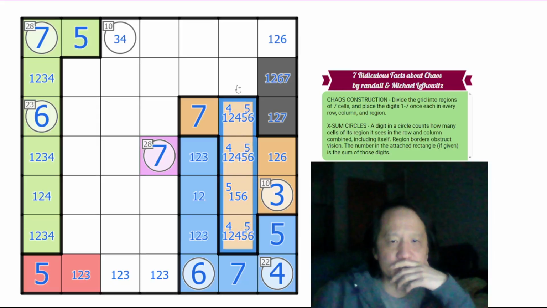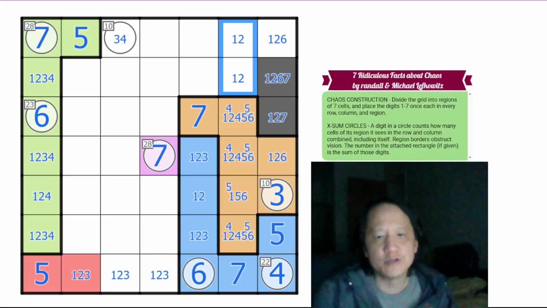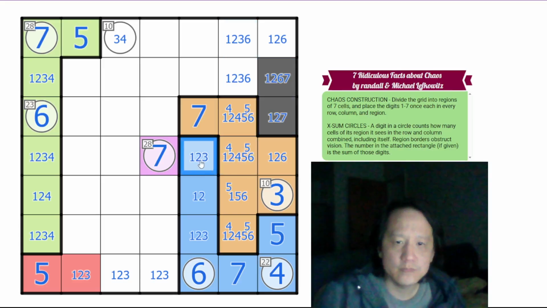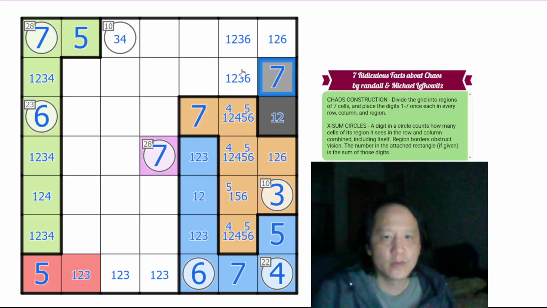That means the remaining digits in column 6 have to be 1, 2, 3, or 6. Okay. 7's going to be one of these two. Okay, this cannot be 7. Where is the 7 in column 7? It has to be here. Okay.